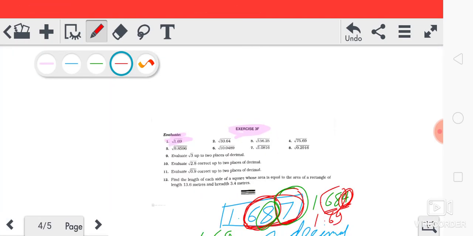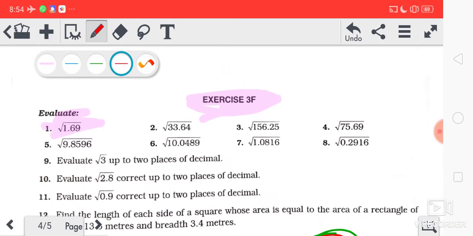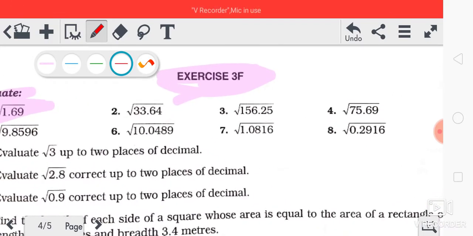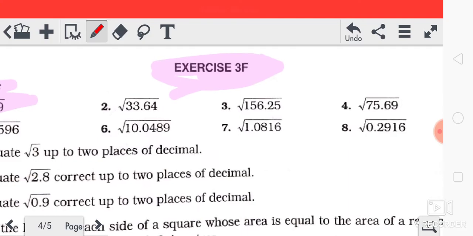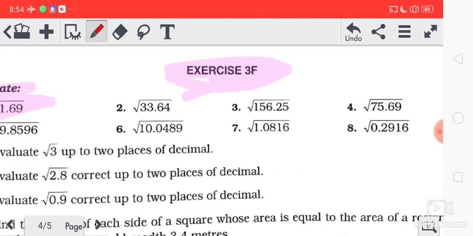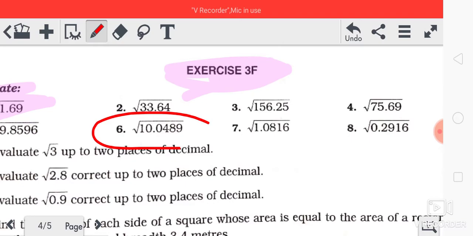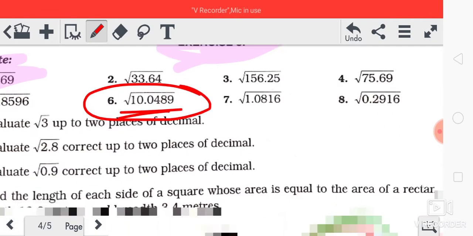What is given here? This question, look here, question number 6 I am going to solve for you. Question number 6. Okay, this number, 10.0489, I am going to solve for you.